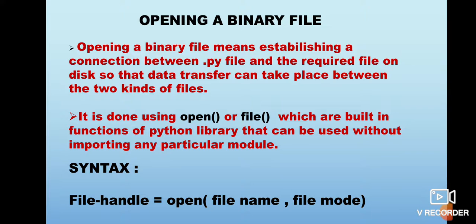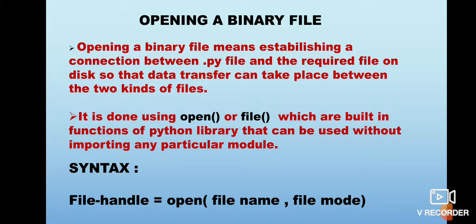See children, here your interaction is between the .py file upon which you are writing your program and a file which is stored on the hard disk. So you have to first establish a connection between these two files so that you may interact, means you may get data transferred from the .py file to your file on disk, or from your file on disk back to your .py file.